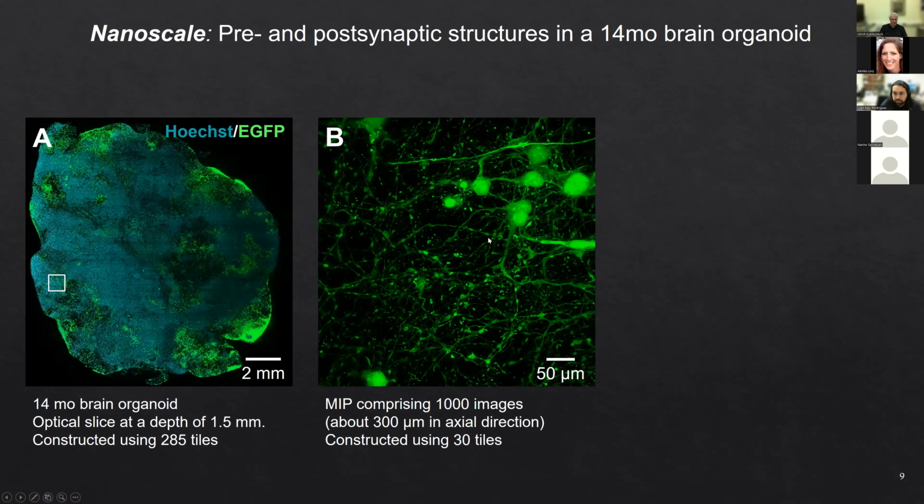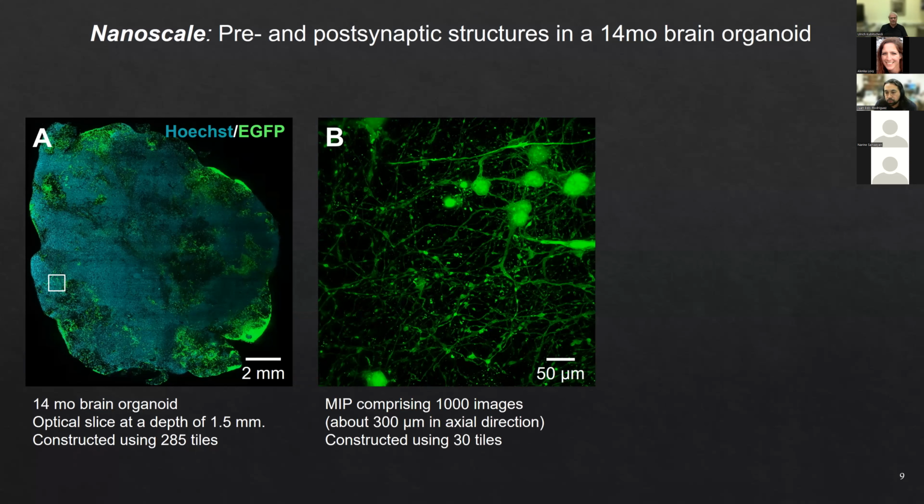Here we can see GFP expressing cells. Not all are the same kind of neurons because they were GFP expressing stem cells that developed into something.